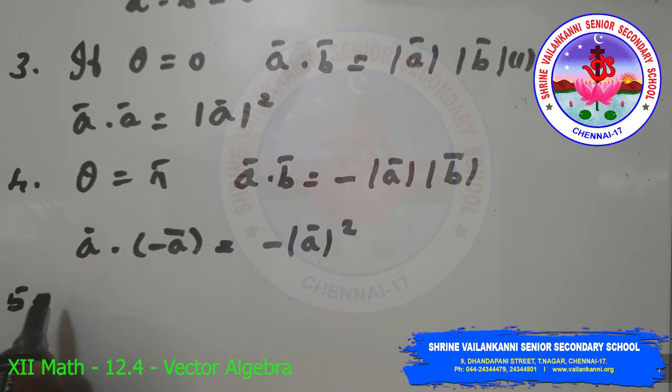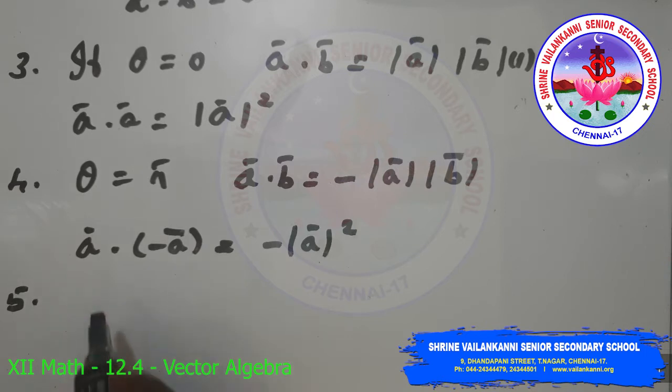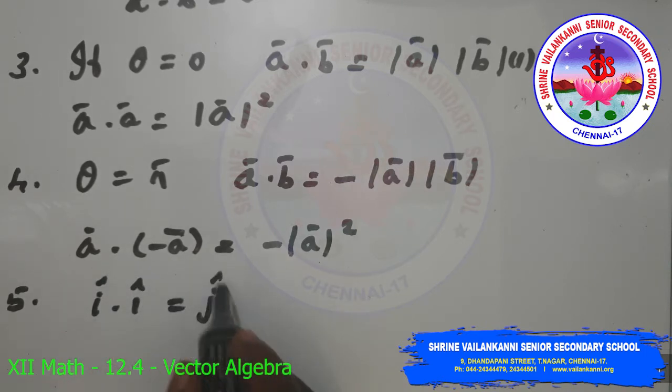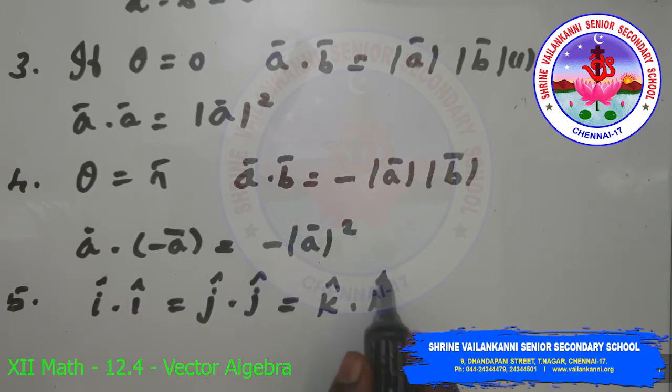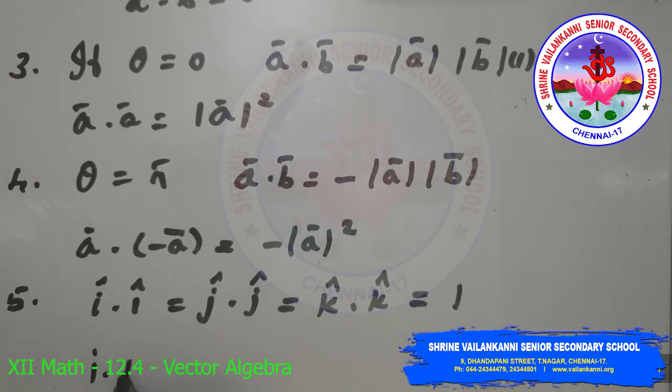Then fifth one, for mutually perpendicular unit vectors i, j and k, we have i dot i, which is equal to j dot j, which is equal to k dot k equal to 1. i dot j equal to j dot k equal to k dot i, which is equal to 0.